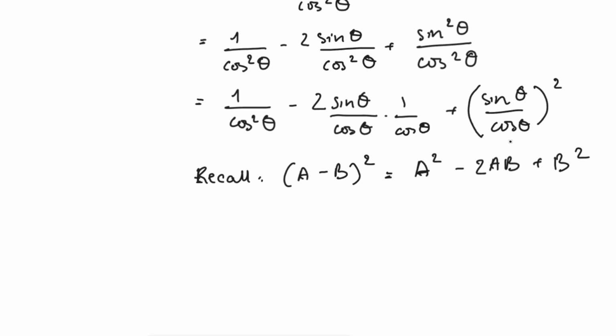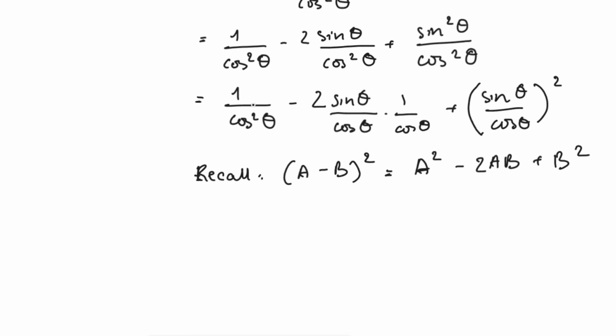So from here you can see that a is 1 over cosine theta and b is sine theta over cosine theta. So this one is a square minus 2ab plus b square.